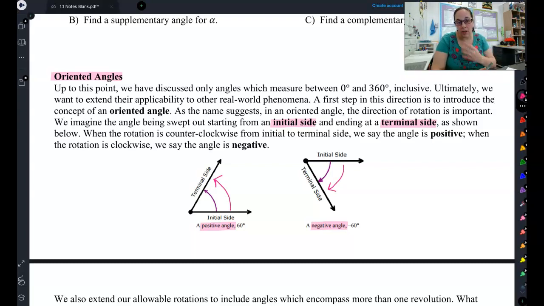Now this is really important because that means in this class, when I say we have a negative angle, that doesn't mean I have negative stuff. That negative is purely there to express direction. Because remember, an angle is a measurement of distance. It's the measurement of the rotation. Distances and measurements can't be negative.